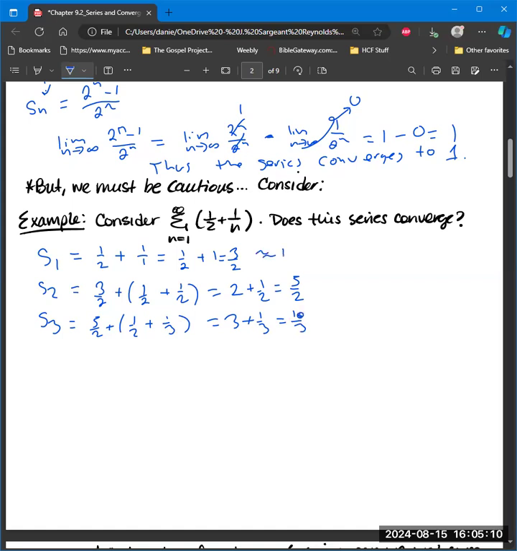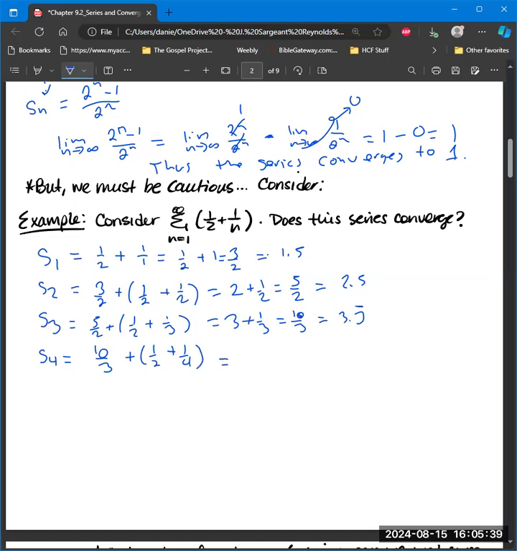So that's 1.5, 2.5, 3.3 repeating. S4 is going to be 10/3 plus a half plus a fourth.